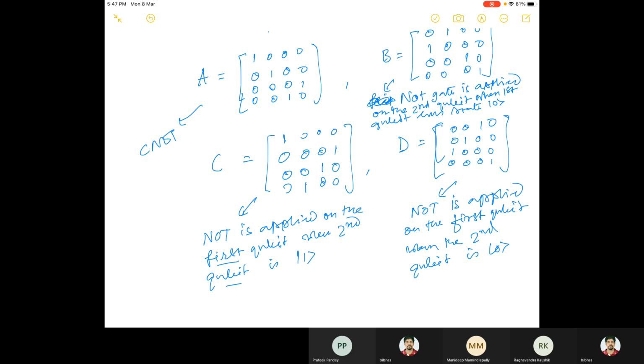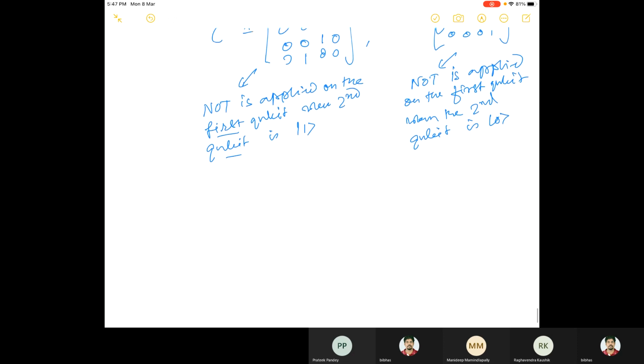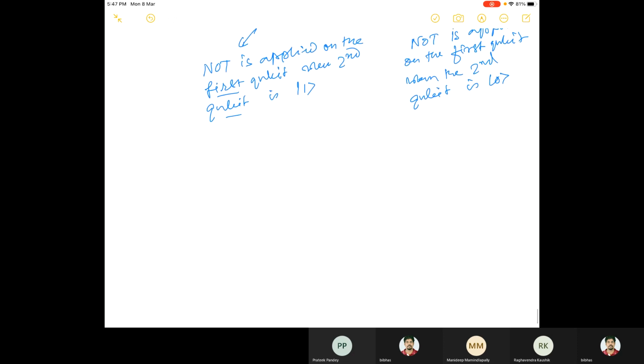So now let me give you the icons for all these gates. The control gate, that is the icon for this is like this. These are all two qubit gates. If the first one is 1, I use a fully filled circle.